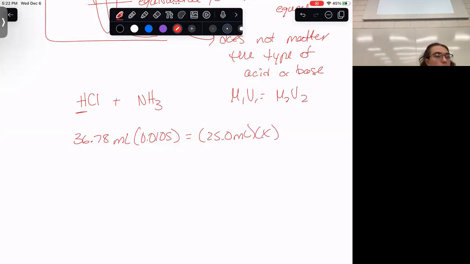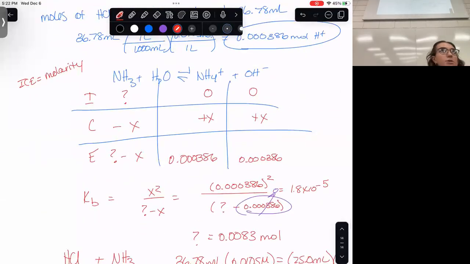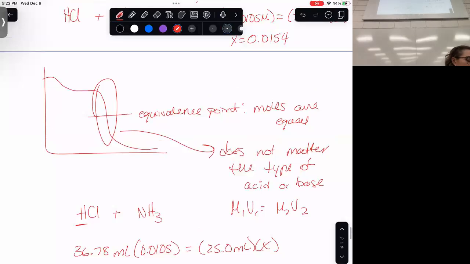Sorry to confuse you with ice tables right off the bat. Does that make sense why we can do M1V1 equals M2V2? We don't need to worry about this dissociation stuff up here because we're at that equivalence point section of your titration. If we were in this section here in purple, what would we have to use?